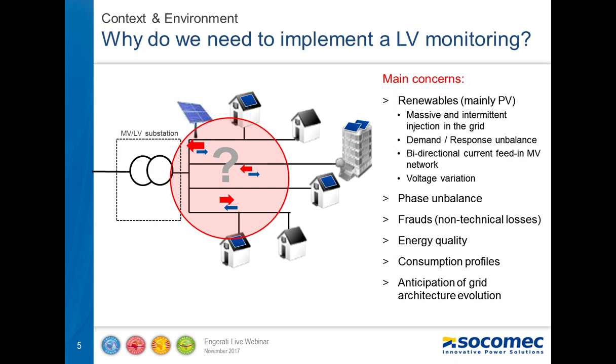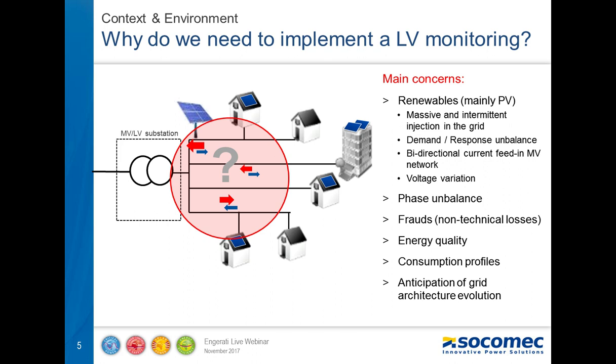And now these things are changing, mainly due to the massive injection of renewables, which are intermittent, and which can create bidirectional currents feeding the medium voltage network. All these different currents could create some stress on the low voltage grid.